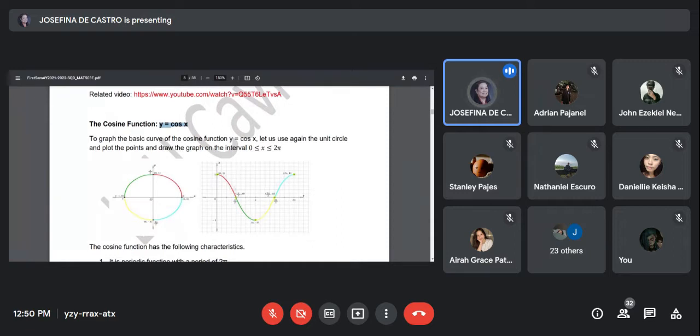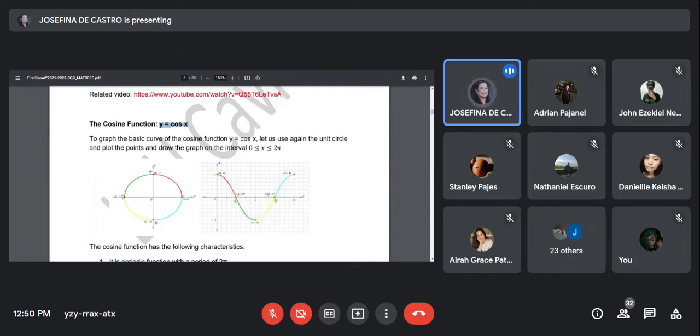From 0 to pi over 2. Yung 90 to 180, yung kulay green, ay mapupunta dito. So, makikita mo naman kapag ikaw ay nasa cosine obtuse angle, 150, 120 degrees, 110, mga negative ang lalabas sa'yo. Cosine.